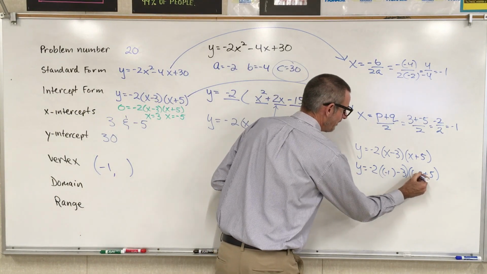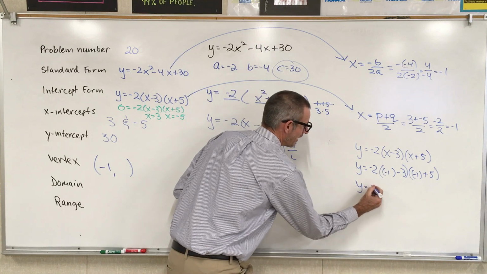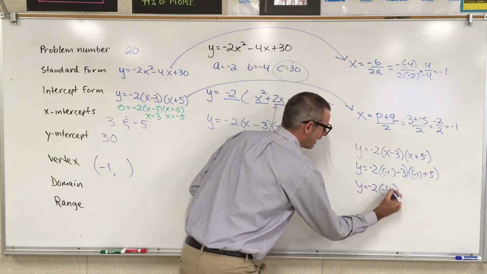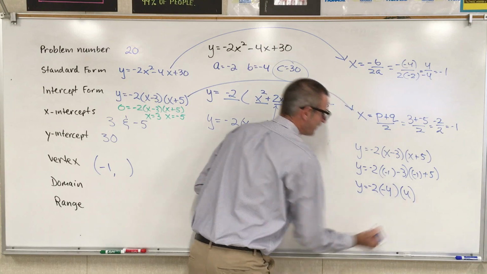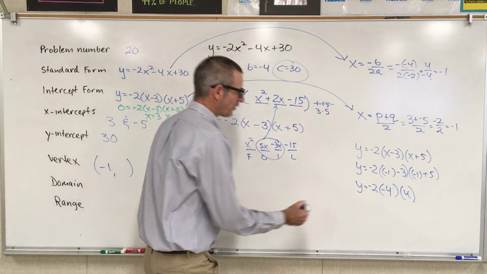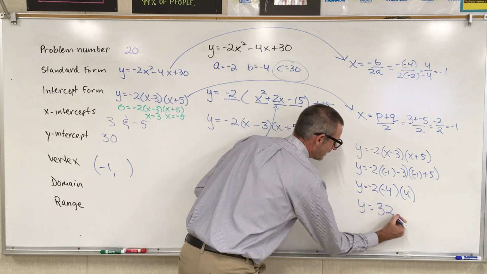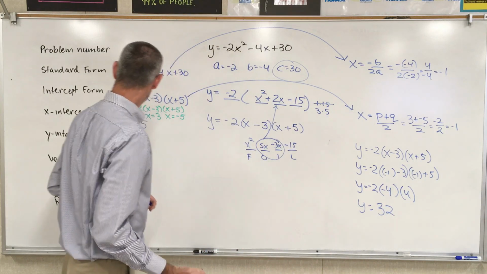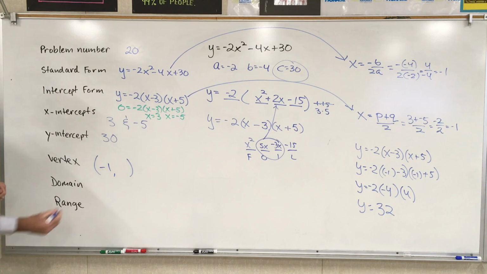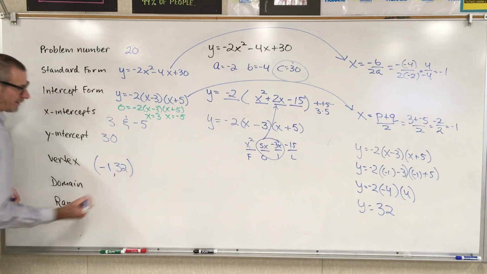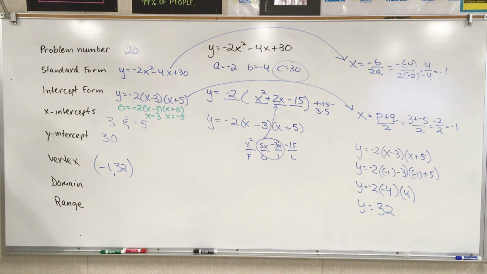So that's minus 1, and that's minus 1. So I have y equals negative 2 times negative 4 times positive 4. And so that'll be y equals positive 8 times 4 is positive 32. So the y-coordinate of my vertex is positive 32.